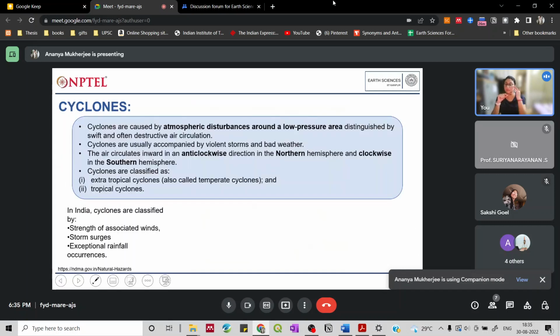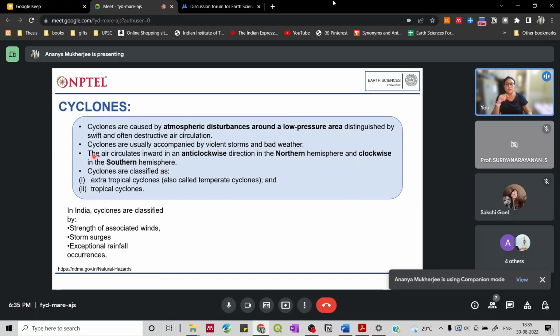Next we talk about the cyclones. In India, pretty much every year we hear of a cyclone hitting, usually the coastline surrounding the Bay of Bengal. Now, these cyclones are caused due to atmospheric disturbances around a low pressure area that is created on the water body.